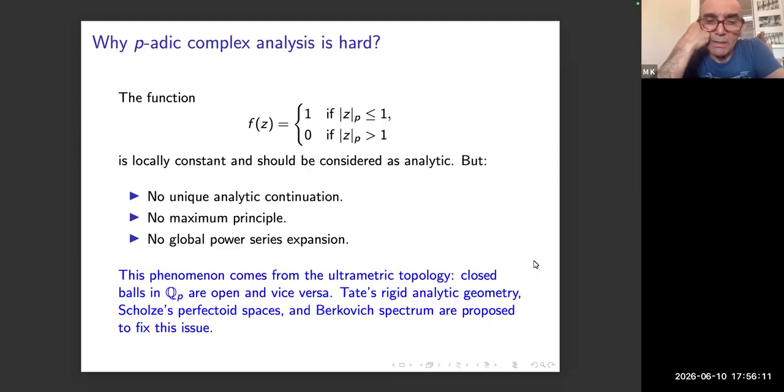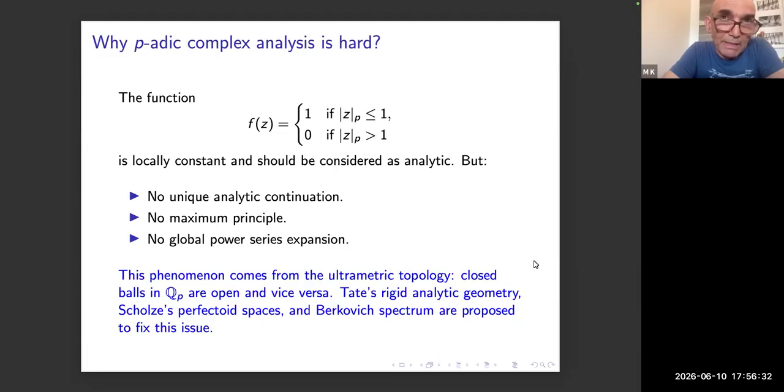So there were several solutions proposed. One, of course, was Tate's rigid analytic geometry, which is very useful and is an important development. So what Tate does, instead of the usual topology, he uses Grothendieck topology.